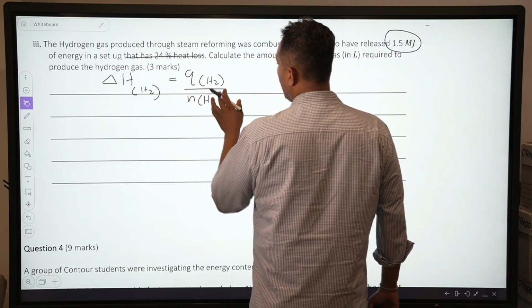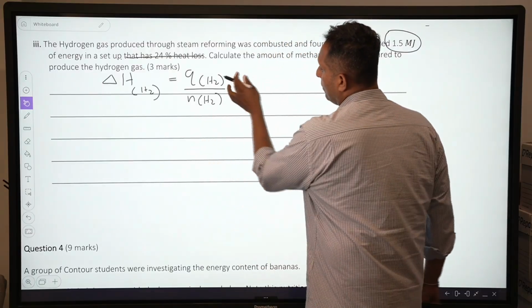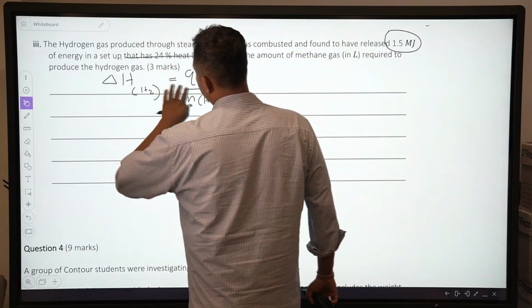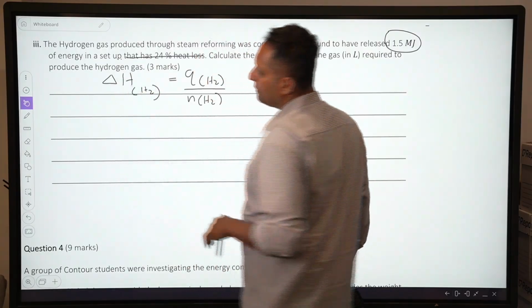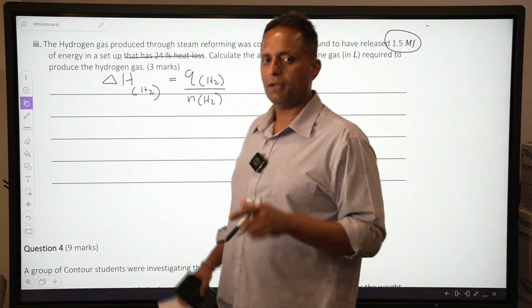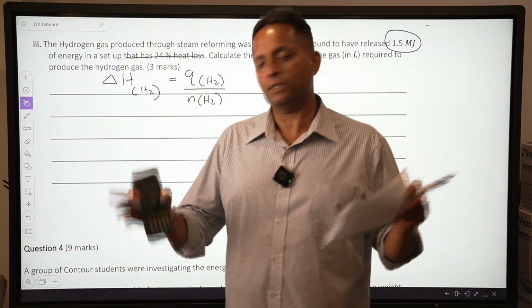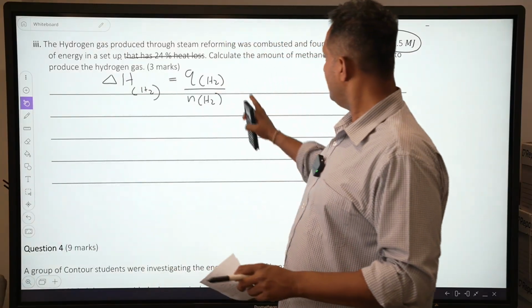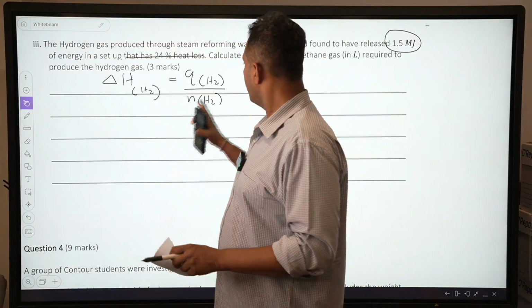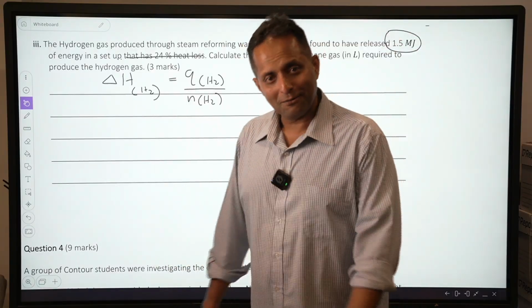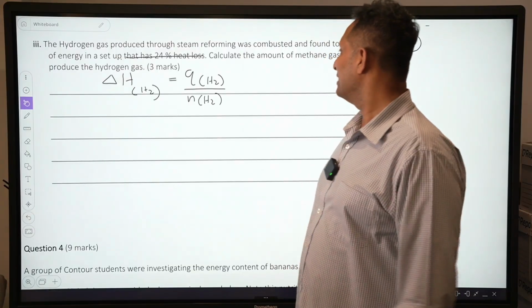Now I normally use the coefficient, but the coefficient is 1 if you are going to use the ΔH value from the data booklet, right? Because coefficient matters if you are given a thermochemical equation. Now in this case there is no thermochemical equation, so we can just use the formula from the data booklet.